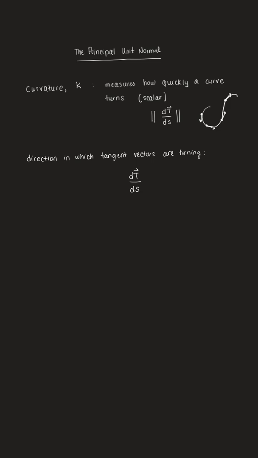So, one note here, because T is a unit vector, its derivative is orthogonal to T. I will do a short proof in an upcoming video of why this is true.